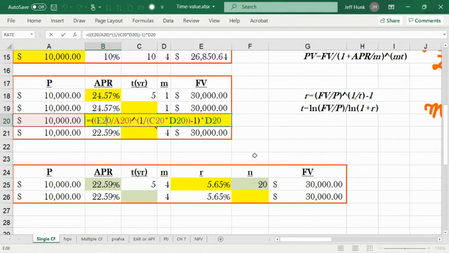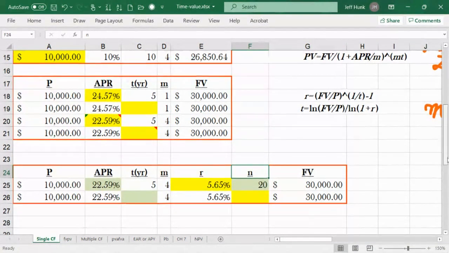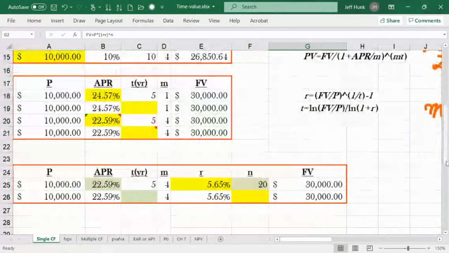So that's why you don't need to make it more complicated. Rather, you will simply break it up, just by adding 2 more columns for periodic rate and the column for actual number of compounding. And everything boils down to a very simple basic structure, right?